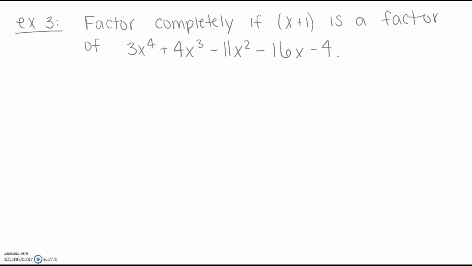So what we want to do is same thing we've been doing. We've got x plus 1 goes into 3x to the 4th plus 4x cubed minus 11x squared minus 16x minus 4.